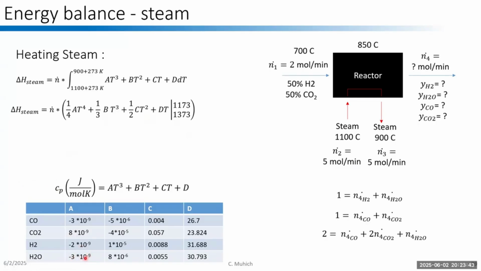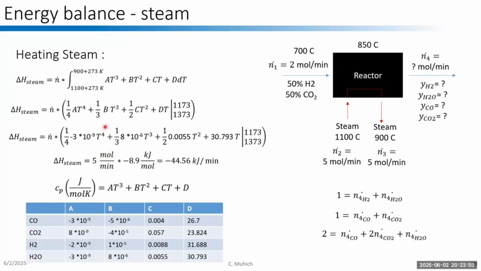Okay, I can take this equation, I can go down, this is my steam, I can look up my values for A, B, C, D, and plug them into this equation. And I now am left with just some nasty algebra to plug through. This whole integration term ends up being negative 8.9 kilojoules per mole. What's the molar flow rate?